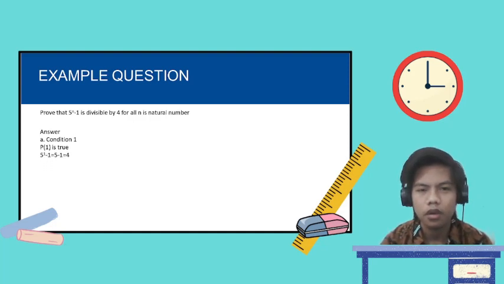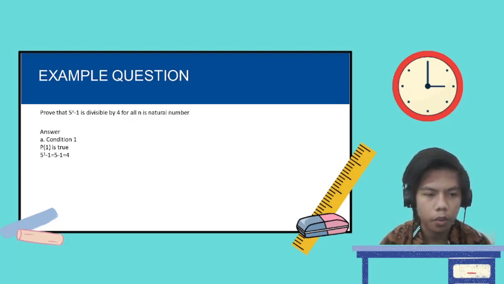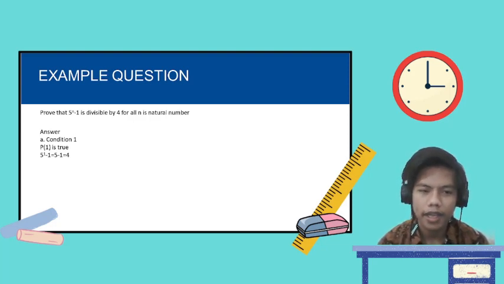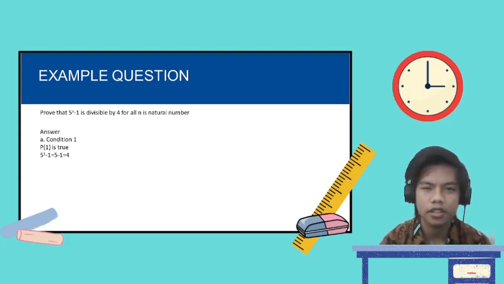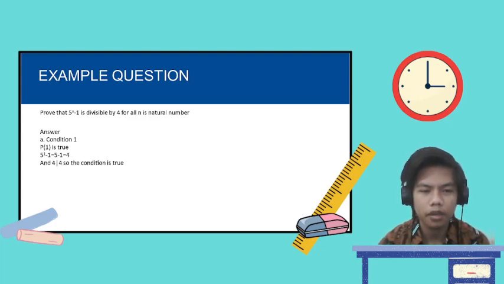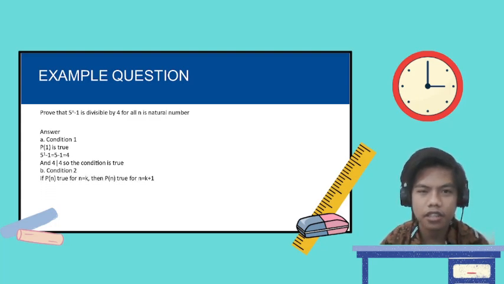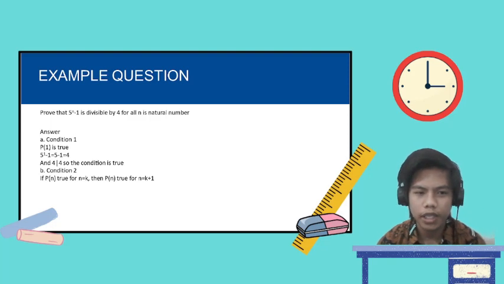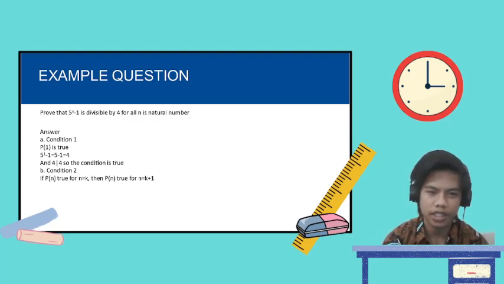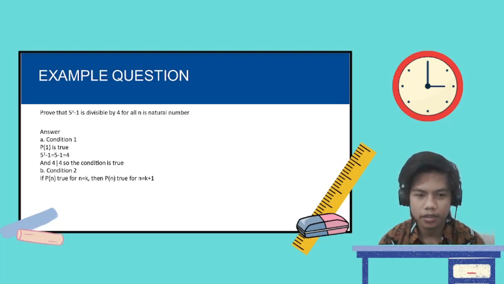So we have 5 to the power of 1 minus 1, and that equals 5 minus 1, and that equals 4, and 4 is divisible by 4, so the condition is true. And then we can answer that with the second condition: if Pn is true for n equals k, then Pn is true for n equals k plus 1.